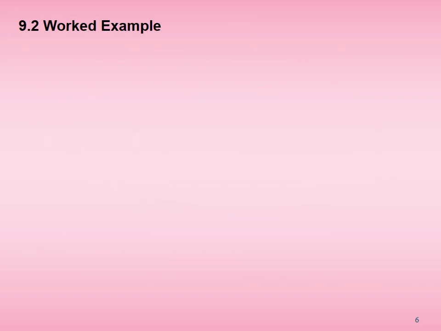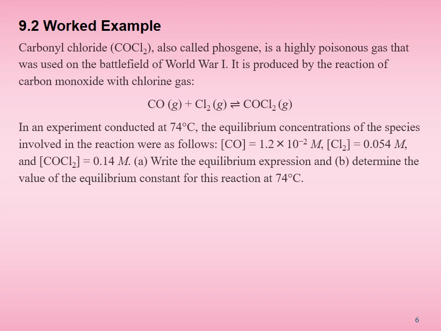Here is an example. Carbonyl chloride, COCl2, also called phosgene, is a highly poisonous gas that was used on the battlefield of World War I. It is produced by the reaction of carbon monoxide with chlorine gas as shown in the equation.